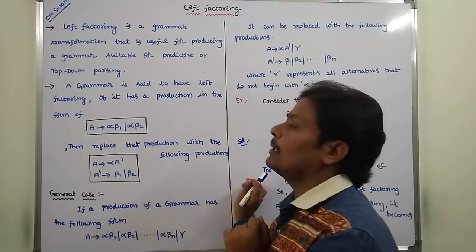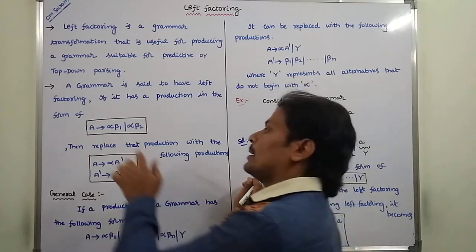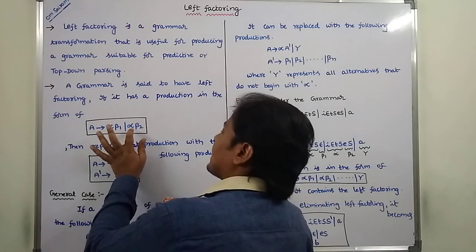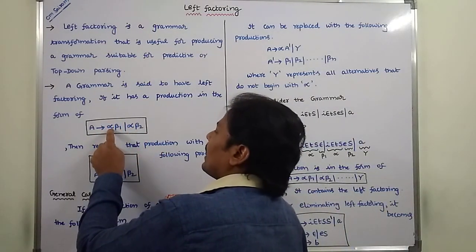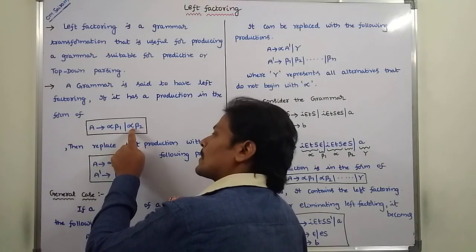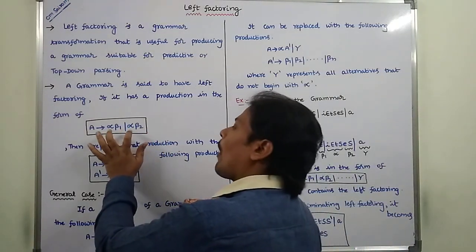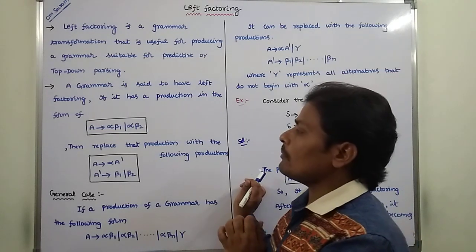In the right hand side of a production, the first part is alpha beta 1 and the second part is alpha beta 2. Alpha is the same in the first part and also in the second part. Alpha is common in the right hand side of the production.